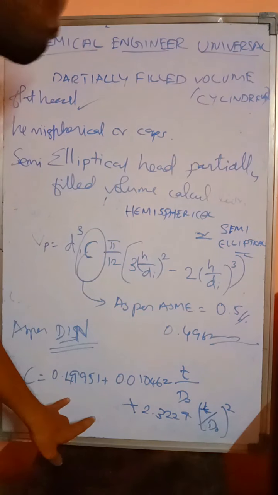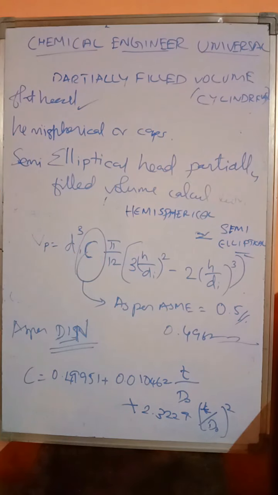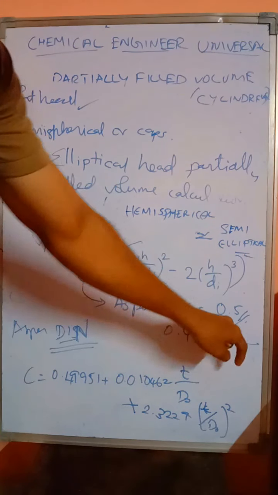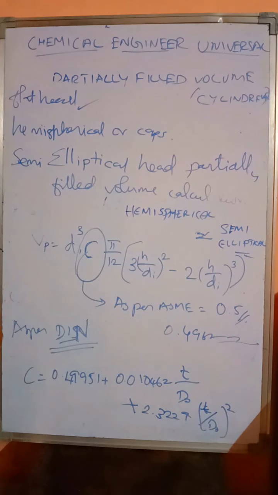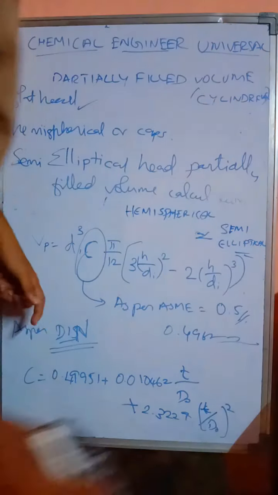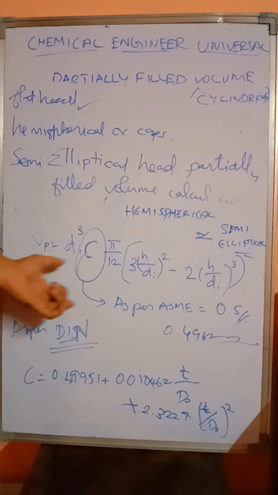If you apply this formula, you will get only some decimal changes. So you can directly use as per ASME equal 0.5 for this constant. So the result will be half of the hemispherical calculation, right? Only the constant is changing, but the total formula is not varying. So you can take the same formula.